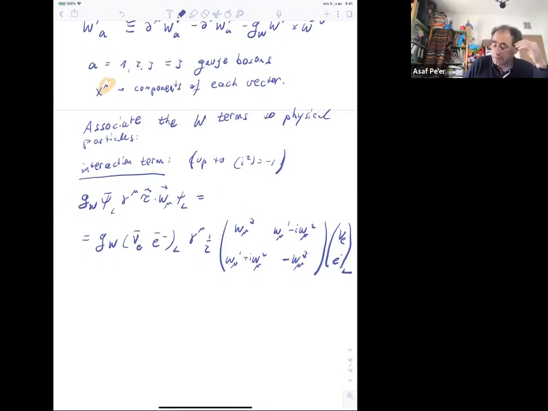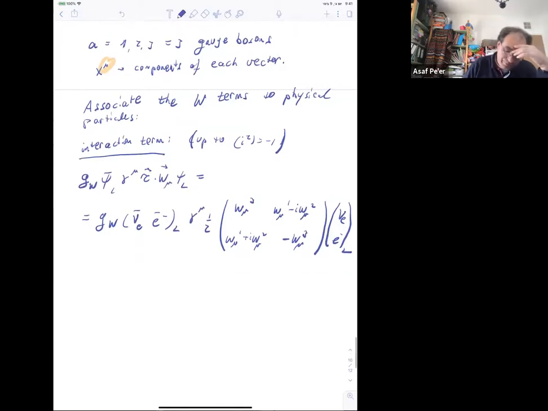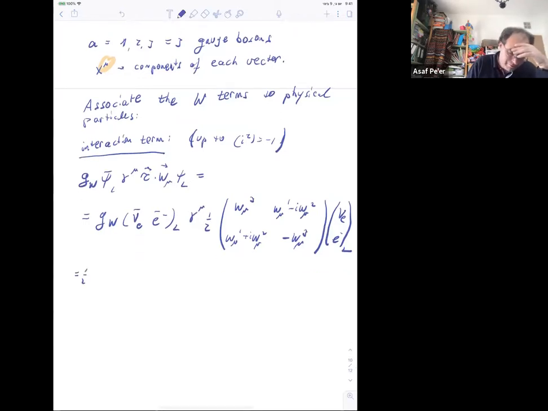So let's work it out. This is 1/2 g_W. Then we have ν̄_e, ē minus L, γ^μ.